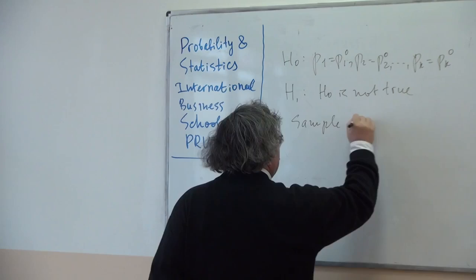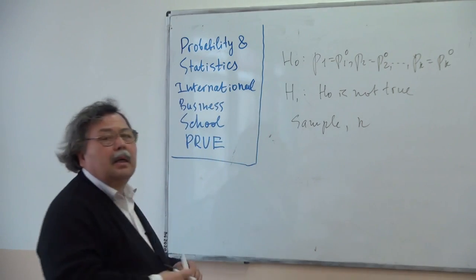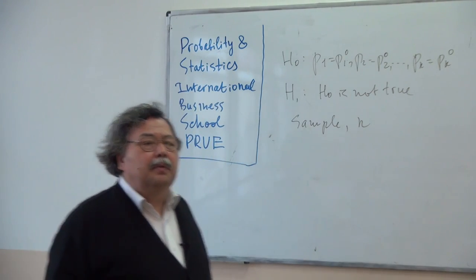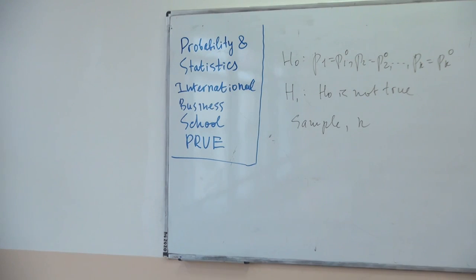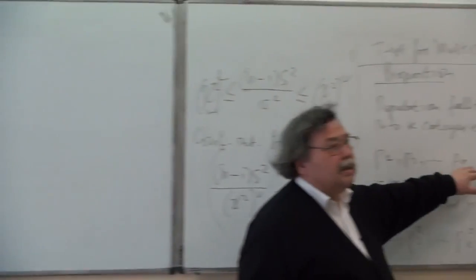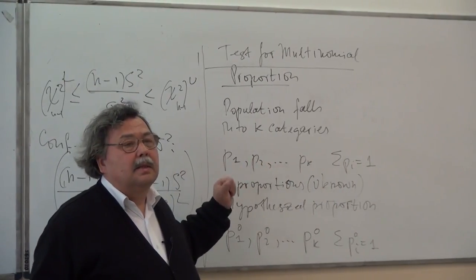We take a sample of size n, and we honestly count the number of occurrences of each of these categories in the sample.